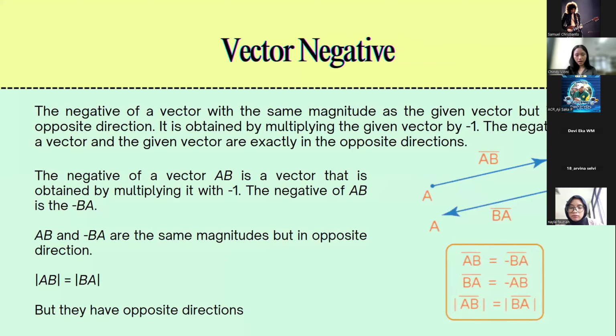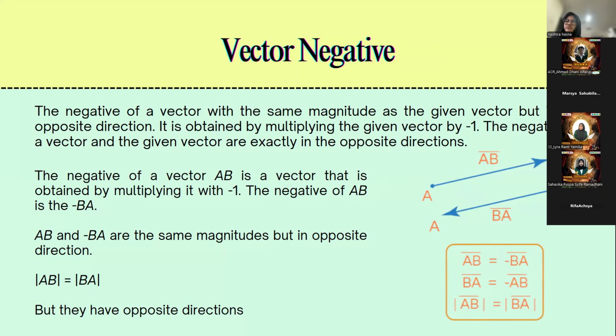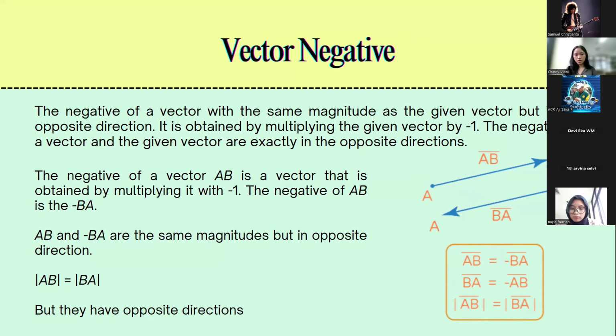Next is negative vector. The negative of a vector has the same magnitude as the given vector, but in the opposite direction. It is obtained by multiplying the given vector by minus 1. The negative of a vector and the given vector are exactly in the opposite direction. As you can see, there is the image of vector AB and vector BA in opposite directions.